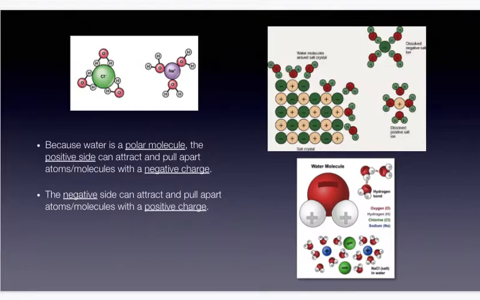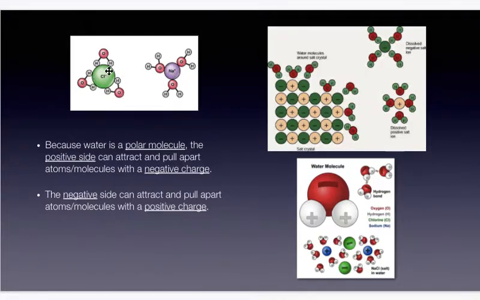And the reason that makes it a good solvent is because the positive side of the molecule can attract negative ions or molecules and pull those things apart. And the negative side can pull apart positive charges, and the positive side can pull apart negative charges.